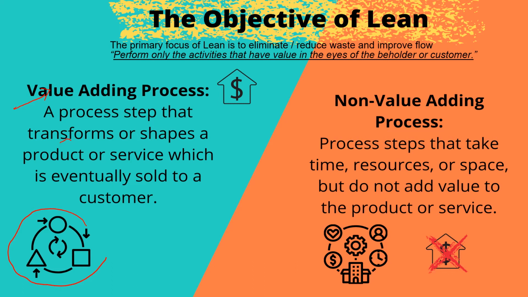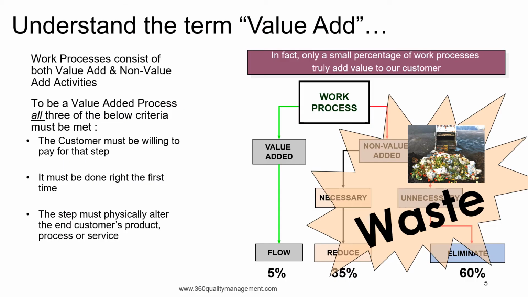A non-value-added process is one that takes up time, space, and resources, but is not adding any value or any change to a final product which the customer is willing to pay for.